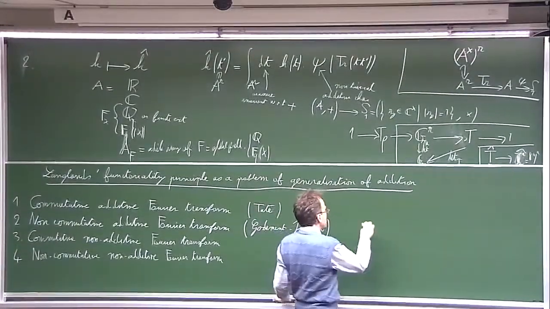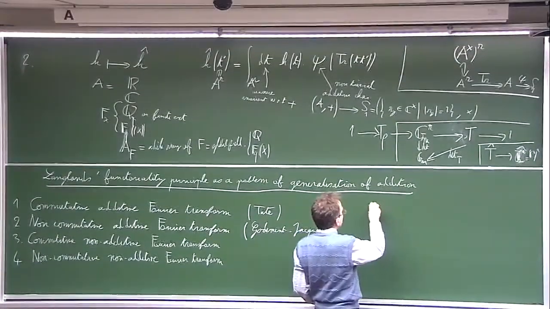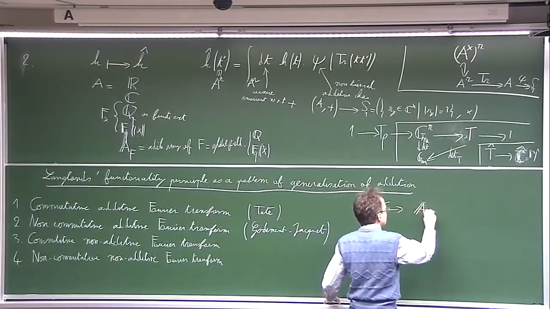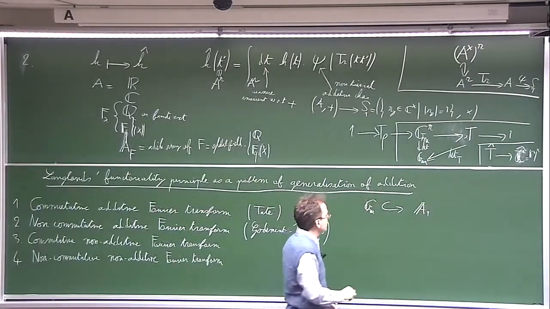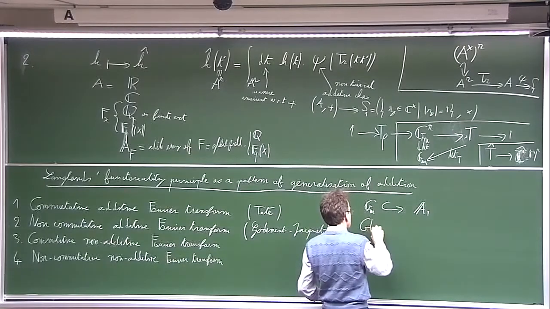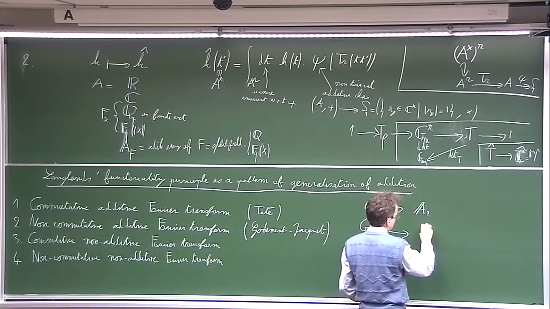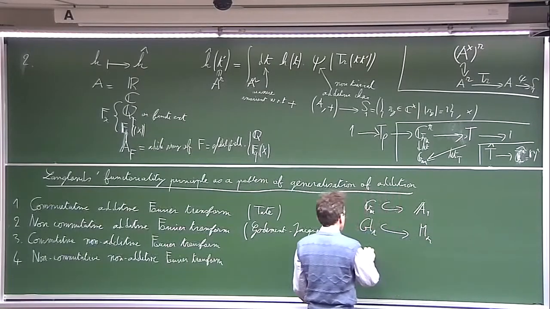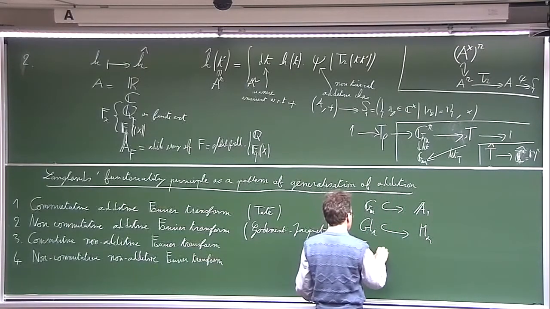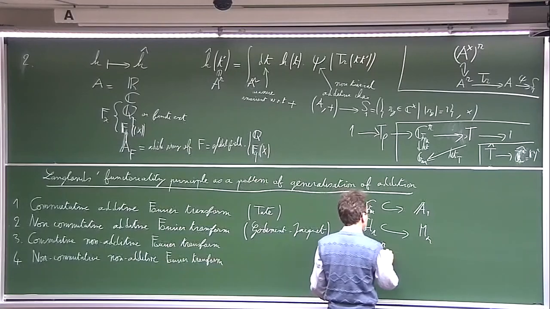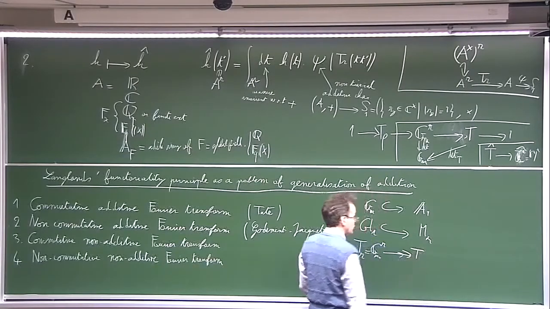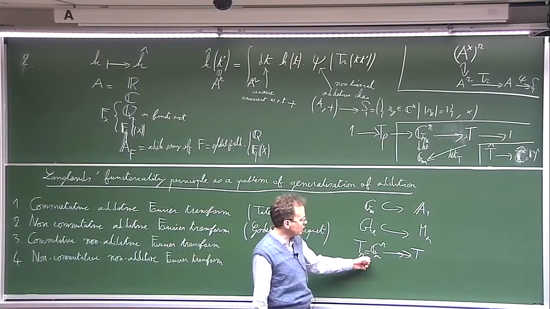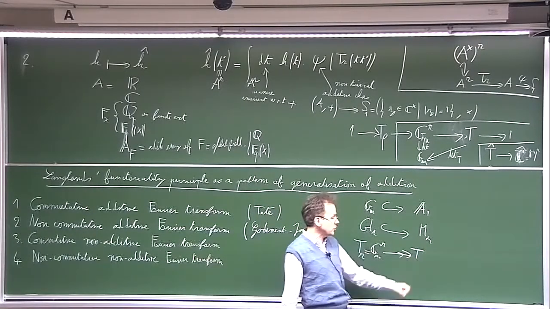It means the following. Before, first we had Gm embedded into the additive group A1, and then we considered GLR embedded into MR, and then we considered the torus TR, which is Gm to the power R, together with a quotient torus T. So there was an additive structure here, but no additive structure there.